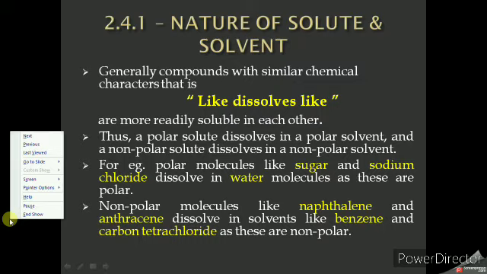Polar molecules like sugar and sodium chloride dissolve in water, and both are the same type of nature, that is polar. Non-polar, for example naphthalene and anthracene, dissolve in compounds like benzene or carbon tetrachloride. All these are non-polar in nature. So like dissolves like, this is the key.